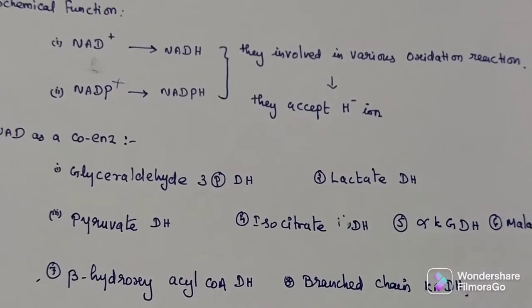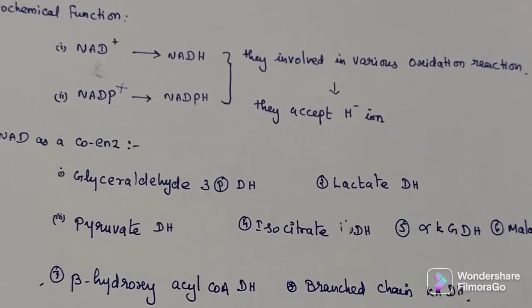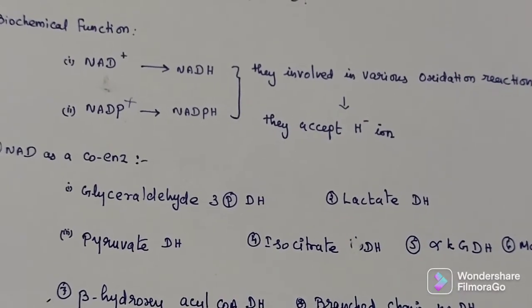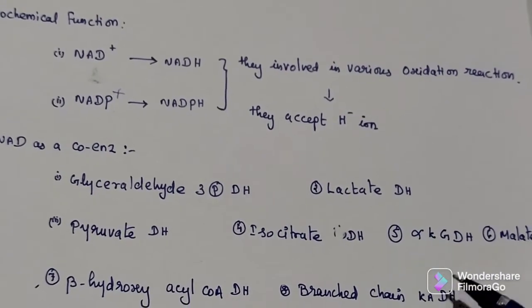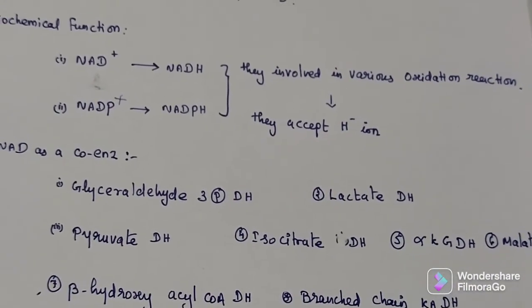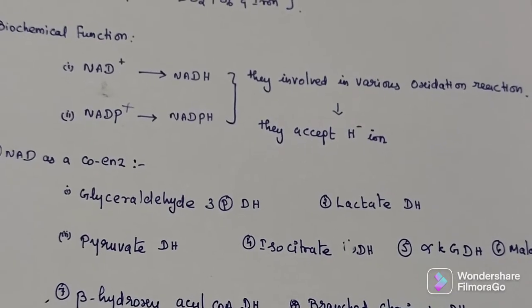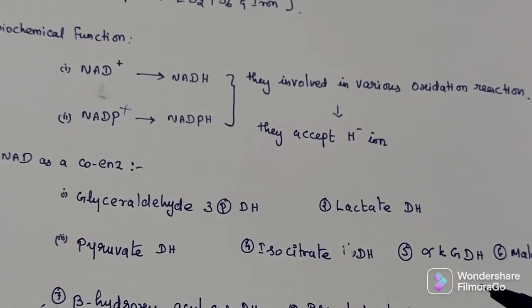Pyruvate is converted into acetyl-CoA by pyruvate dehydrogenase. Then alpha ketoglutarate is converted into succinyl-CoA by alpha ketoglutarate dehydrogenase.